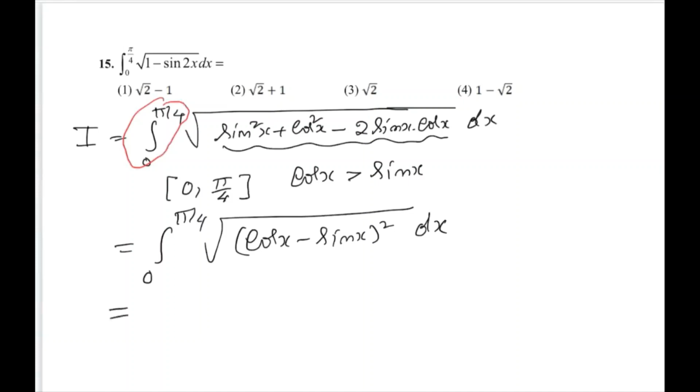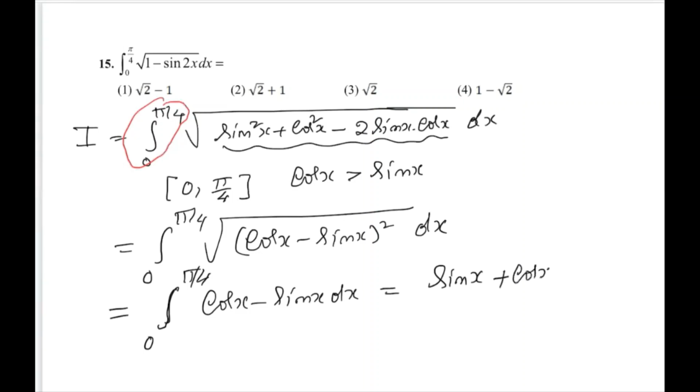Now the power 2 and root symbol get cancelled. The integral from 0 to pi by 4 of cos x minus sin x dx. Integral of cos x minus integral of sin x between 0 and pi by 4.